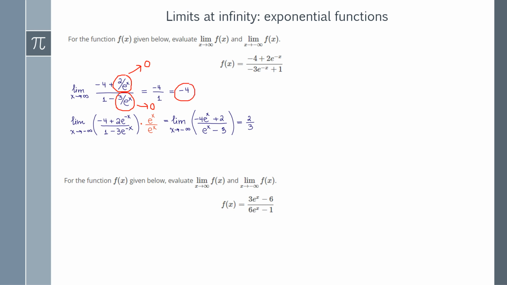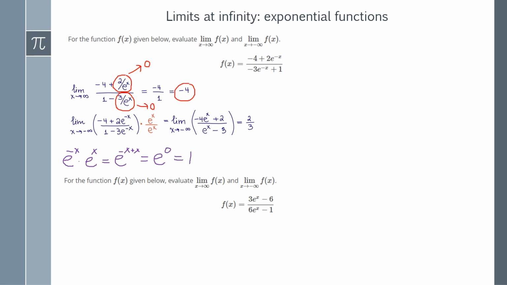Okay, now for the limit as x goes to negative infinity, I'm going to use the trick of multiplying my function by e to the x. And here is why I'm doing it. Notice that if I do e to the negative x times e to the positive x, this is the same as e to the negative x plus x, which is of course e to the 0, and e to the 0 power is just 1.